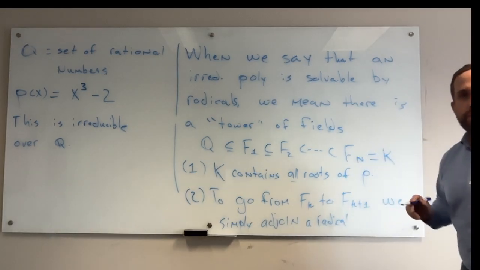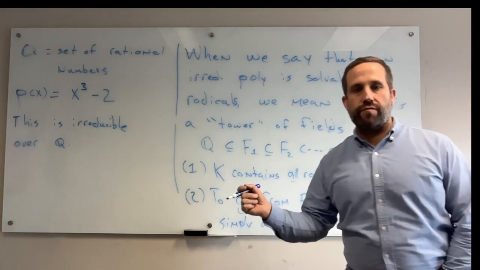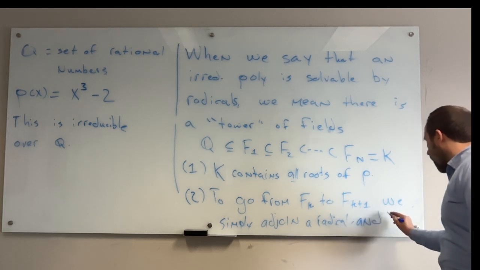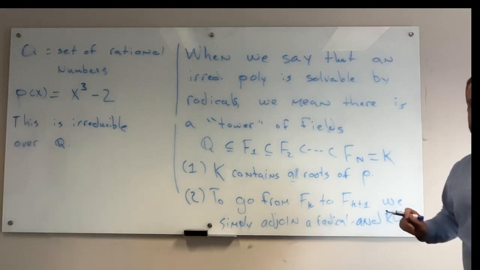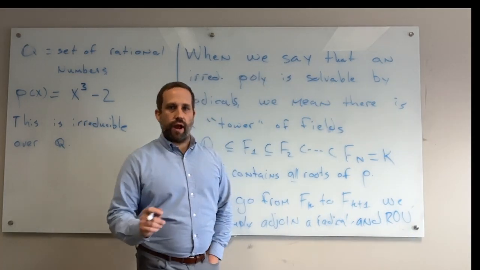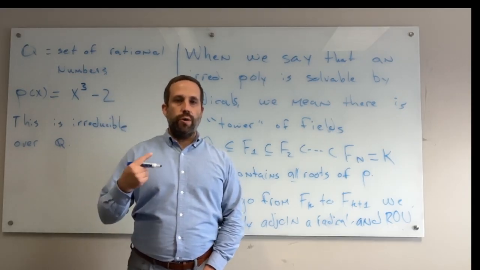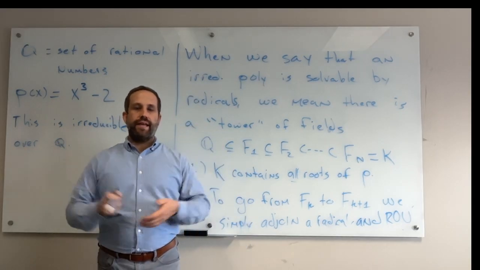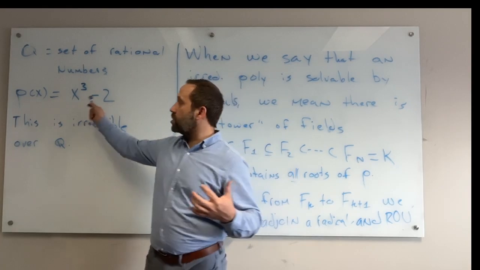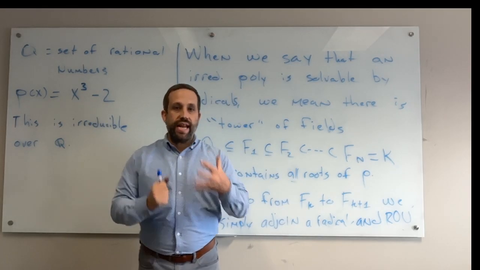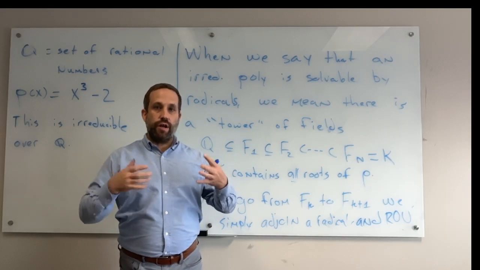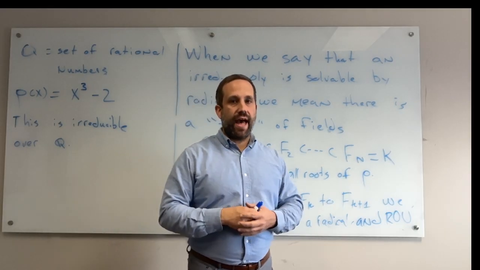So in the examples we've seen, we've adjoined either the square root of 2 or the cube root of 2, and if needed, and I'm going to write this as ROU, roots of unity, if we need to, we have to add the roots of unity. For the example x squared minus 2 equals 0, we did not have to add the roots of unity because Q already contains them. For x cubed minus 2 equals 0, we did have to add the roots of unity because Q does not contain the third roots of unity. They're non-real, complex numbers, and so we have to add them.